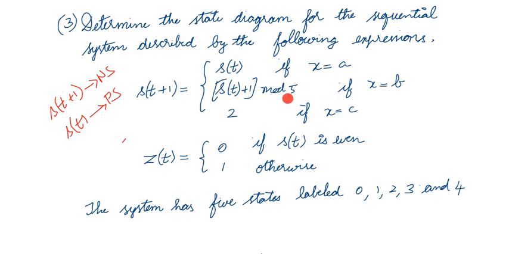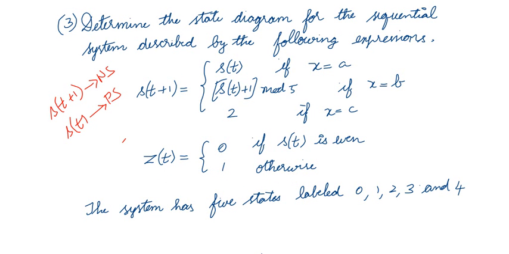It gives a remainder when the input is B. Similarly, when the input is C, next state is equal to 2. And what about the output? Output Z of t is equal to 0 if the state is even, is equal to 1 otherwise. Otherwise means odd.